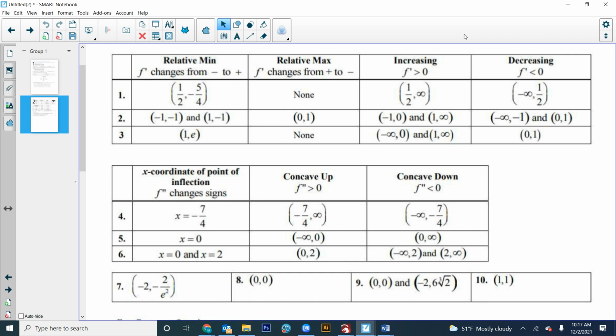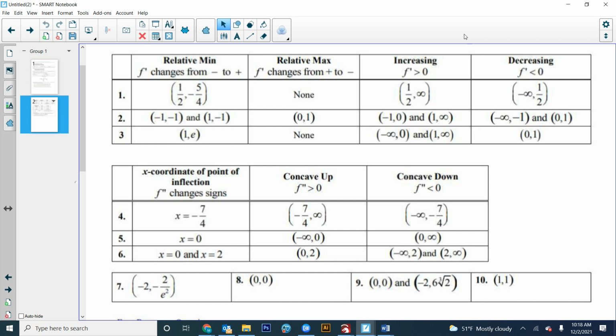What's that c? c is an x value on the graph where the tangent slope equals the secant slope. That's an x value on that interval. It's the same letter, but a different application. Yes? Awesome.